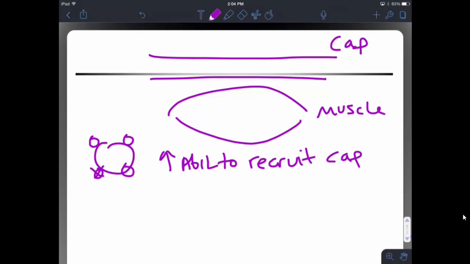Some of our capillaries are not recruited before training, so the body's not able to increase area if it cannot recruit those capillaries. By recruit, I mean the sphincters in these capillary walls have to relax to allow blood to fill them and feed blood to that muscle.